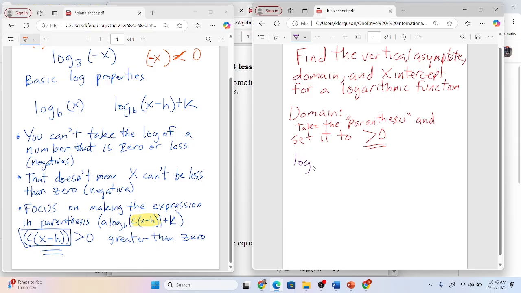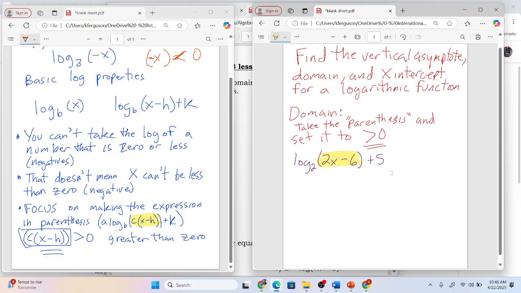Let's say log base 2 of 2x minus 6, plus 5. The other parts don't even matter. For this, the important part is what's in the parentheses.